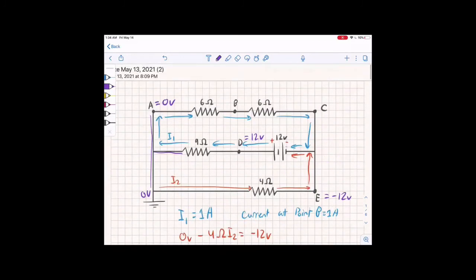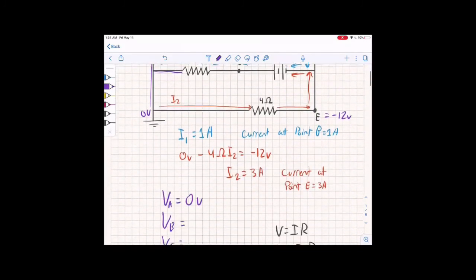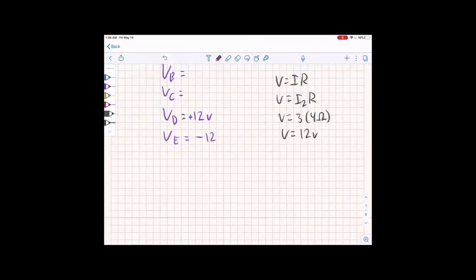Moving on to points C and B. We're again going to do the same equation as before, except this time using the new current and new resistor. Current 1 times the resistor: V equals 1 amp times 6, so V is equal to 6 volts.